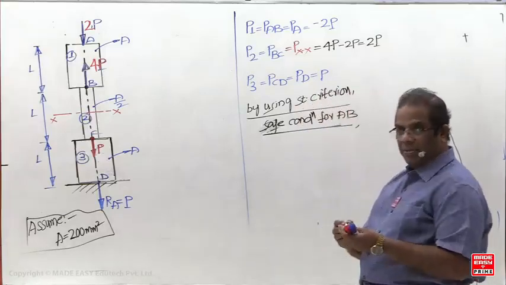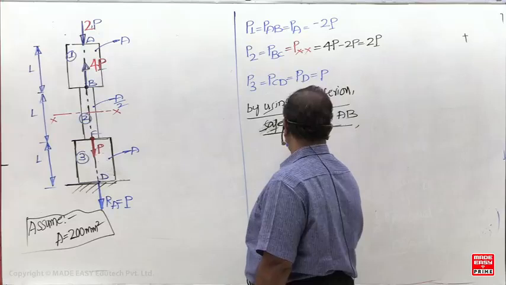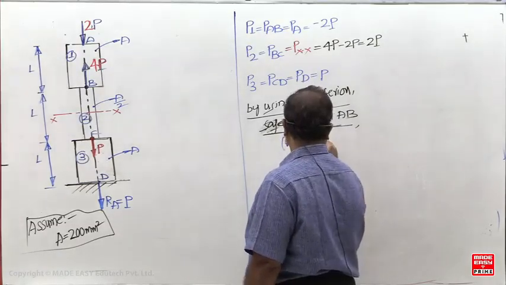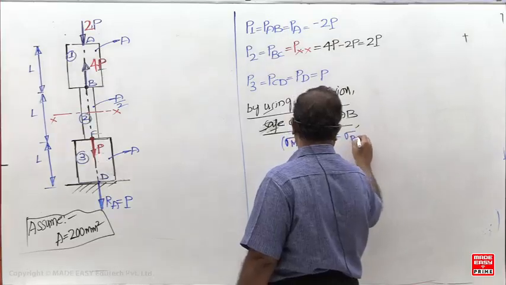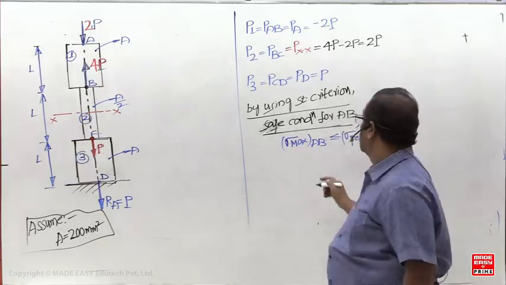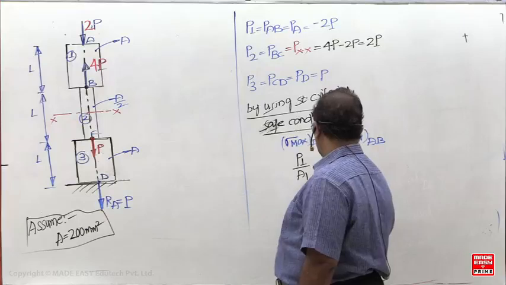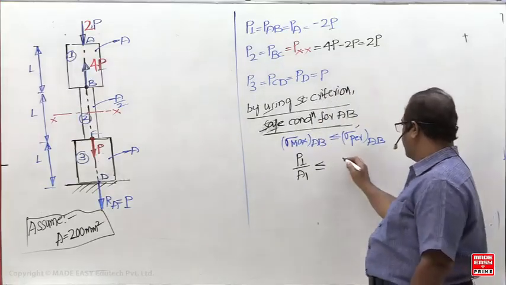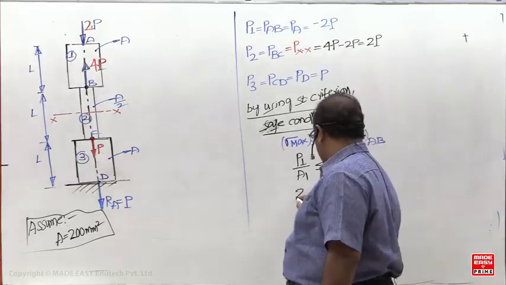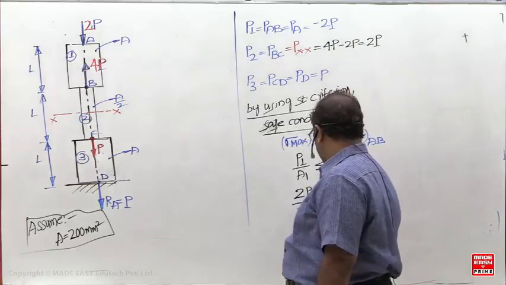Safe condition for AB: P1 by A1. What is the permissible stress given? 100. What is the P1 value? Not 2P. Area A, how much is it now? 200.